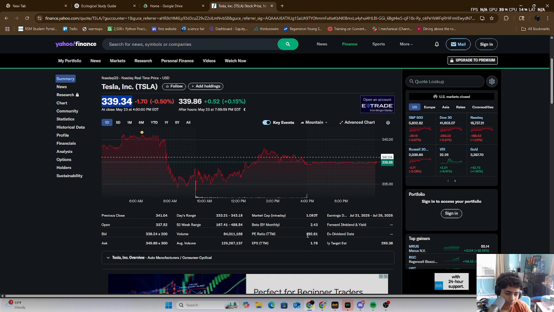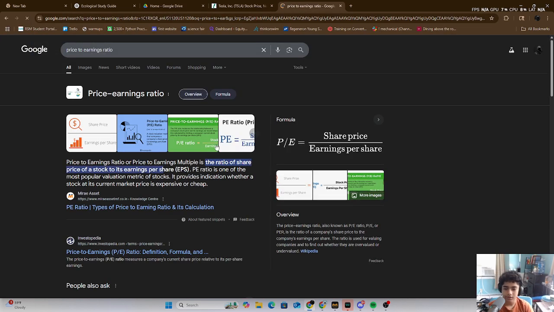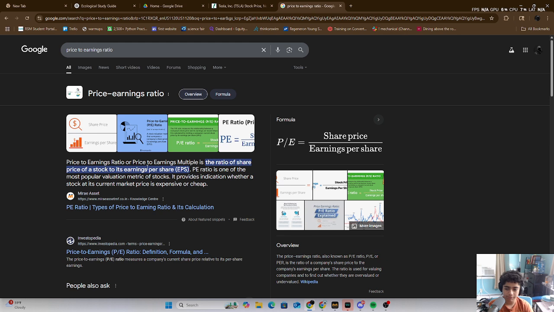Price to earnings ratio is like an estimated thing to see how profitable the stock is. It's interesting. If we look at it more deeply, EPS is another tool, earnings per share.